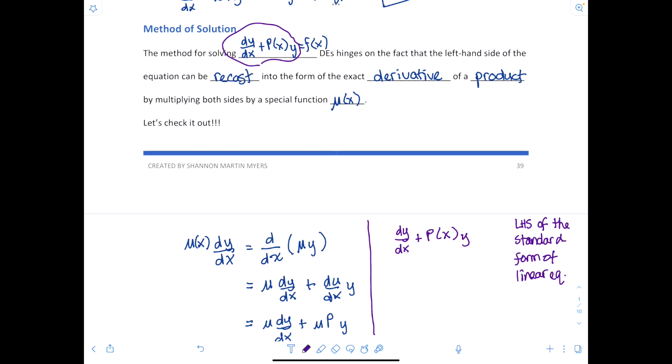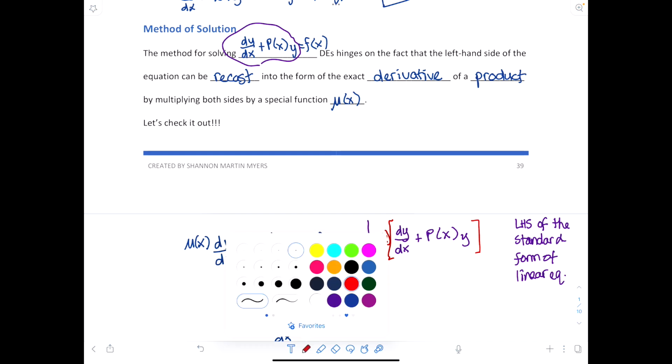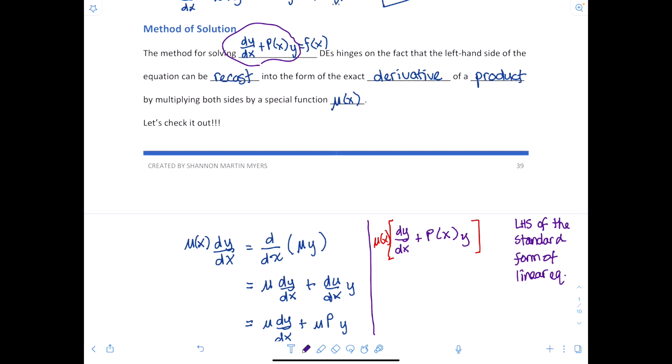So now if I look at this and I multiply this one by mu at x, then I will get mu, just writing it as mu instead of in function notation, times dy dx plus mu times p.